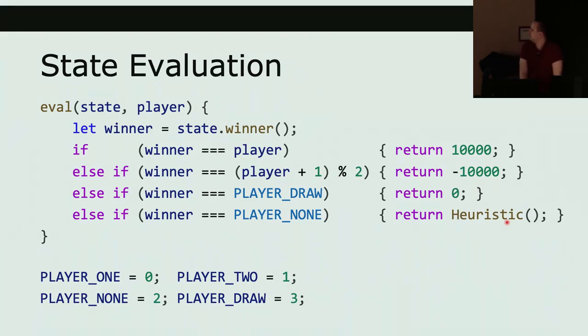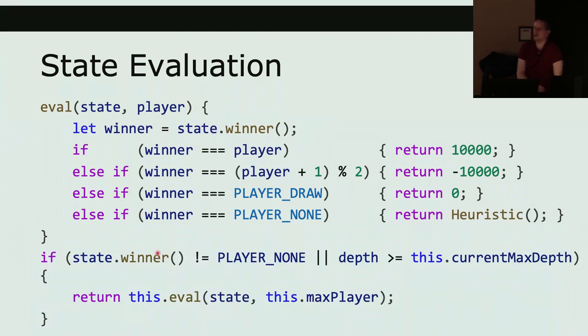And if you then call this, so inside our alpha beta or minimax function, we have this line here, which is saying if the winner is not equal to player none. Player none means the game is still ongoing. So if the game has stopped, meaning that there is a winner or a draw, or the depth is greater than the maximum current depth, that's when I evaluate the state with respect to the maximizing player.